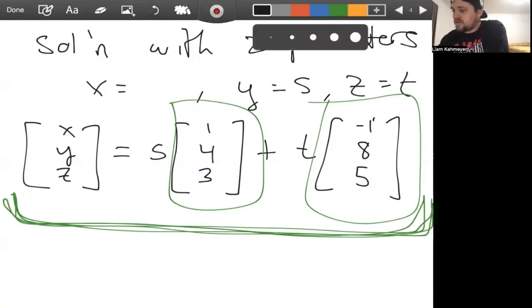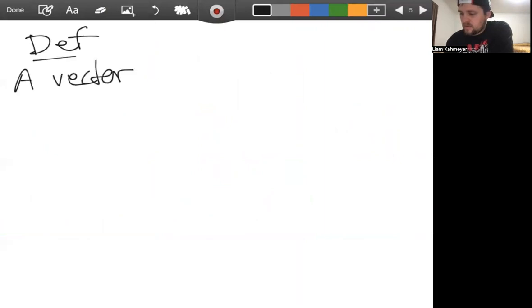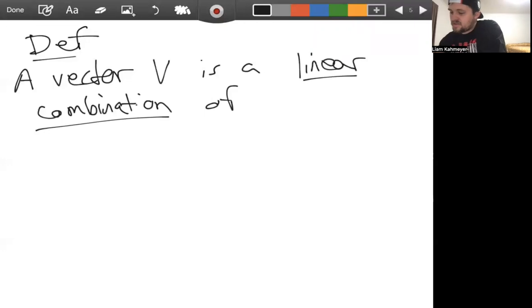And so that is a segue into the following definition, which will be very important for the remainder of the course. So a vector, say V, is a linear combination of, let's say, capital X1.